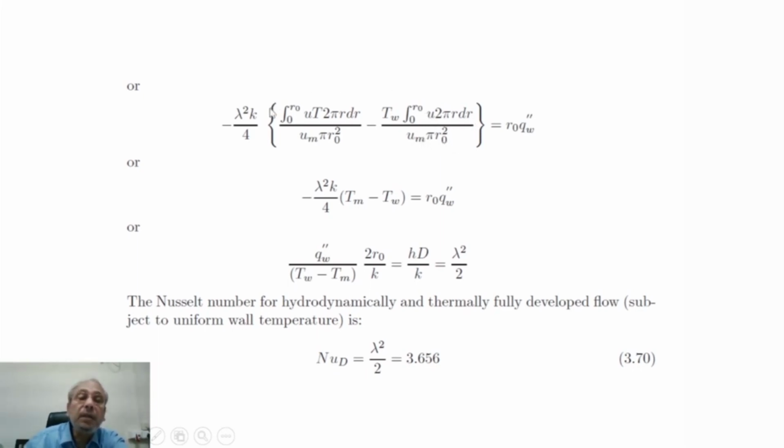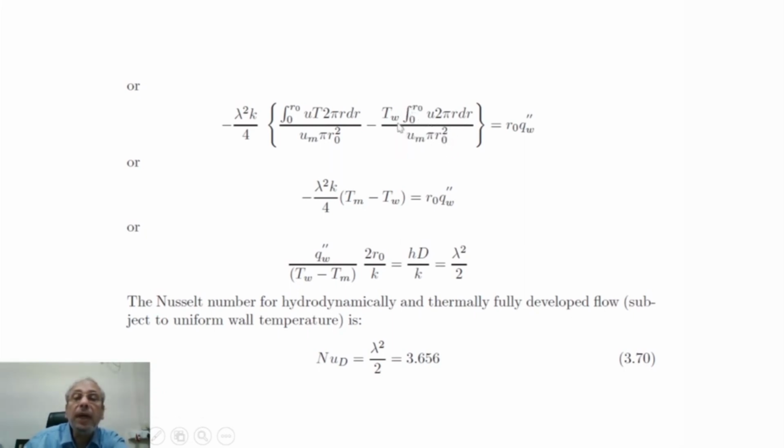So here we can clearly see that minus lambda square k by 4, this is nothing but the bulk mean temperature. So this is Tm, and this term is exactly equal to the denominator.